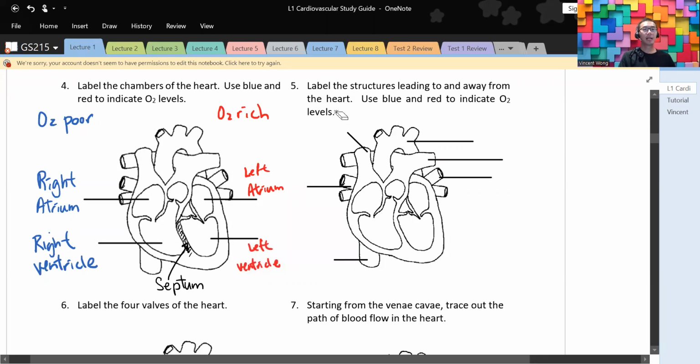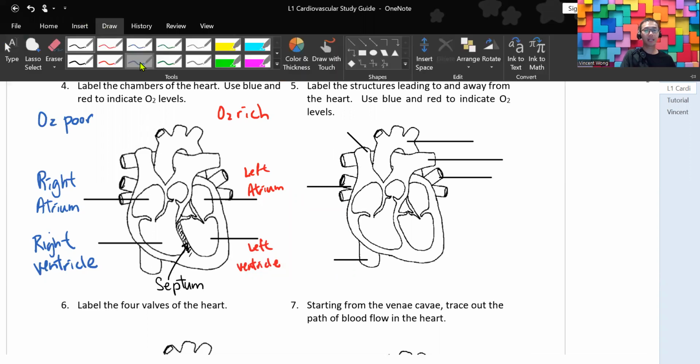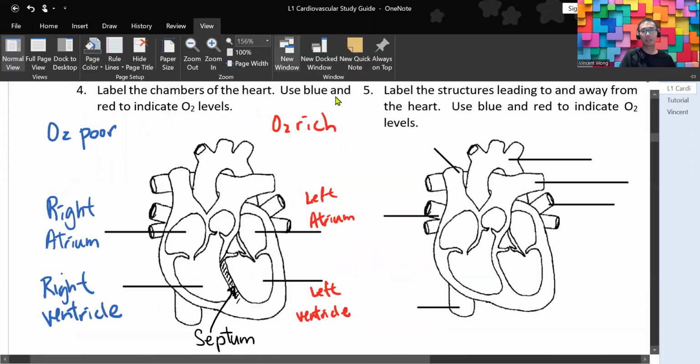Next, label the structures leading to and away from the heart. Use blue and red to indicate O2 levels. So we can see up here we have the superior vena cava. And just zoom in a little bit here.